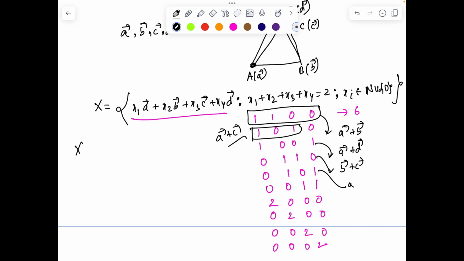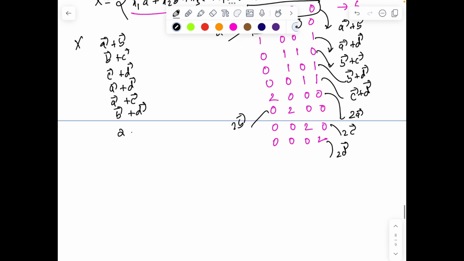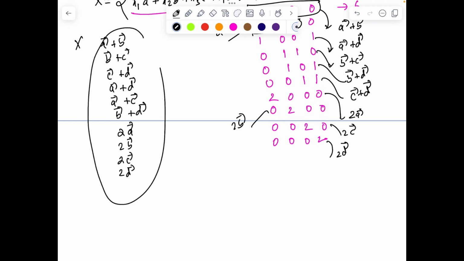B plus C. This is B plus D. And we have C plus D. So all 6 permutations, set X contains A plus B, B plus C, C plus D, A plus D, A plus C, and B plus D. And from this combination we are also getting 2A, 2B, 2C and 2D. So now we have a set of 10 vectors here.